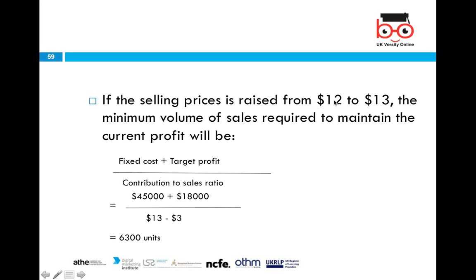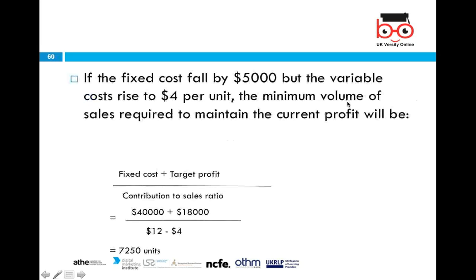Look at the difference: when we increase the selling price from $12 to $13, the sales units change. That's 700 units reduced from 7,000 units, giving 6,300 units, and that affects the margin of safety.